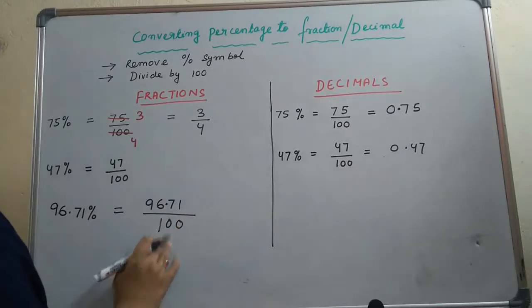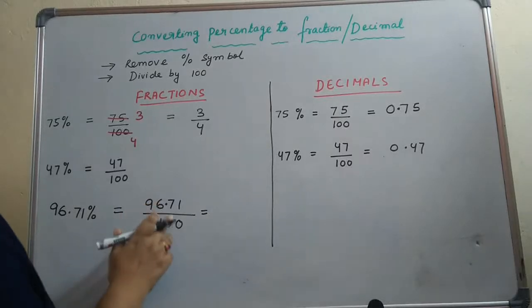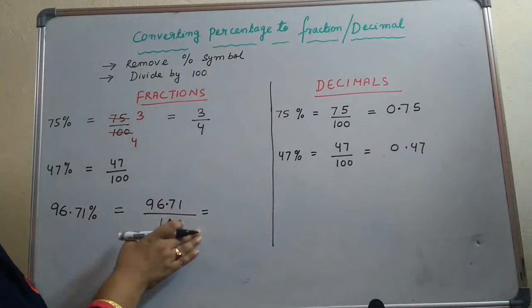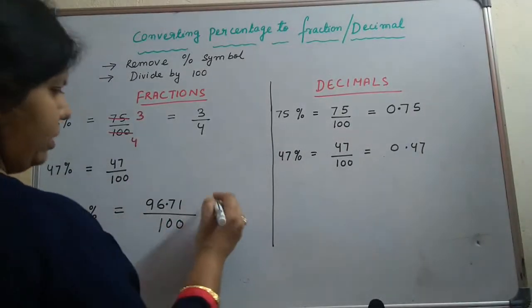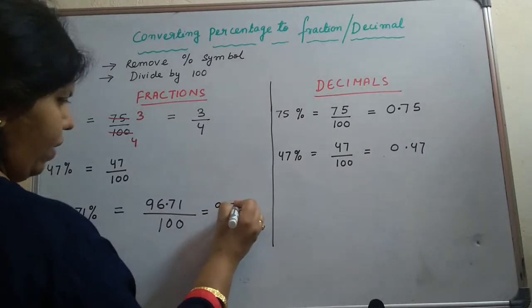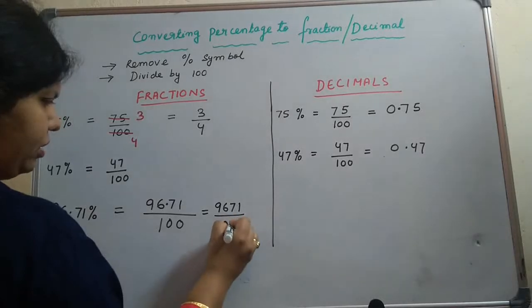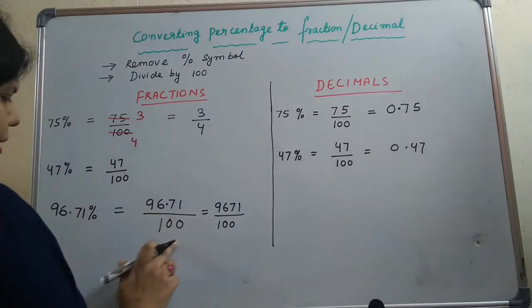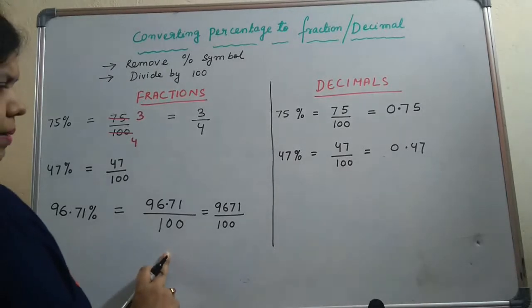We know that 96.71 can be converted into a fraction. So 9671 by 100 is what you will get for this. Then the other 100 is what you wrote for the percentage.